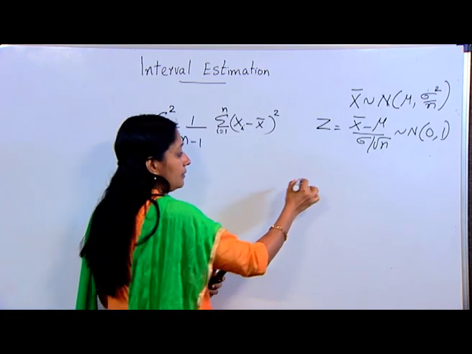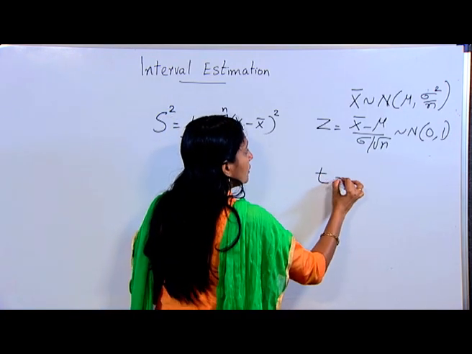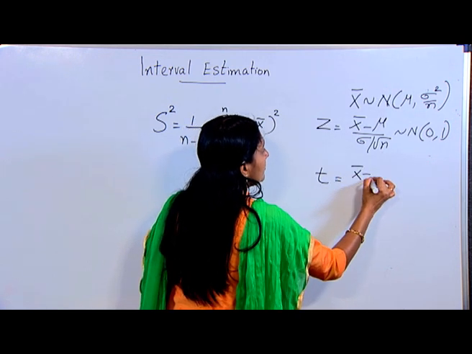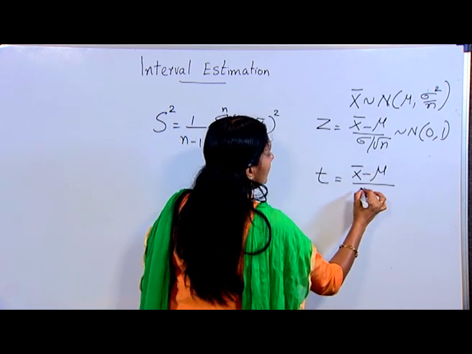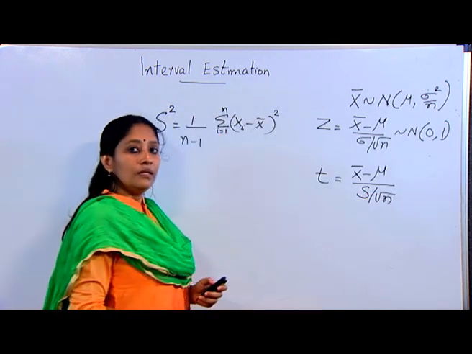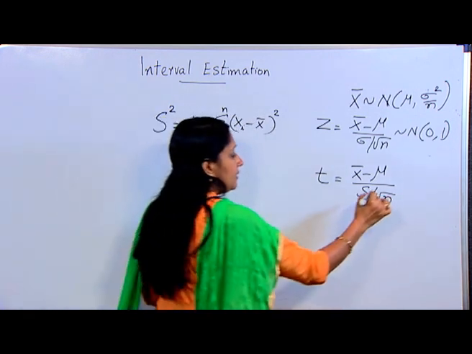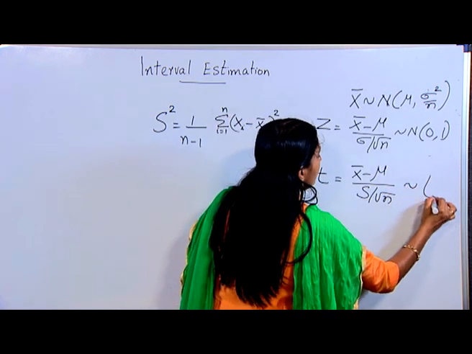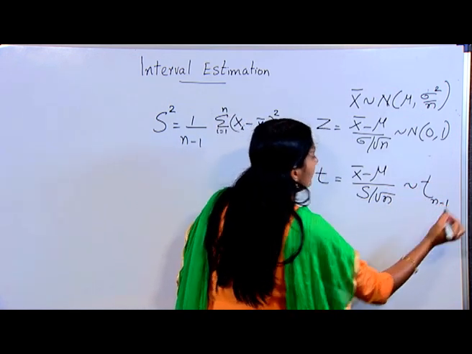Therefore, we write t is equal to x bar minus mu divided by s by root n, which follows a t distribution with n minus 1 degrees of freedom.